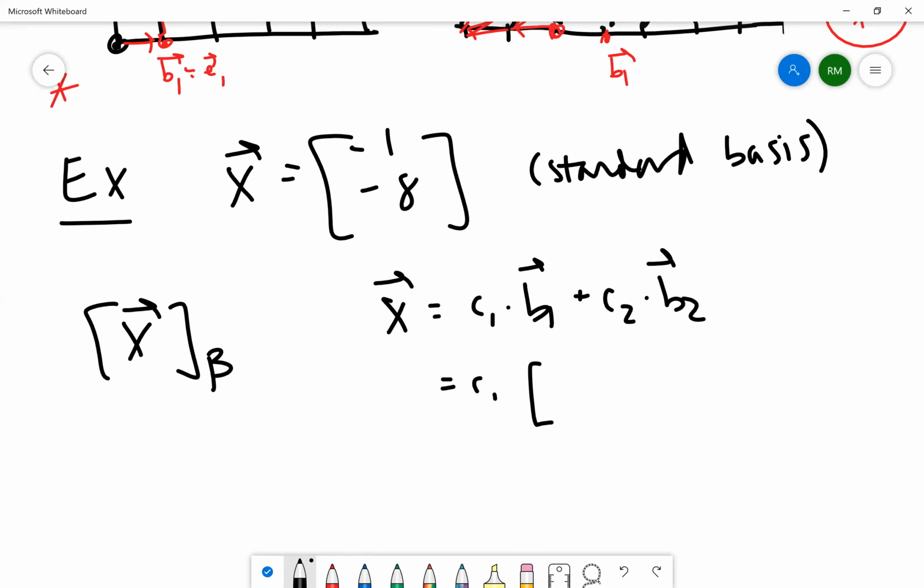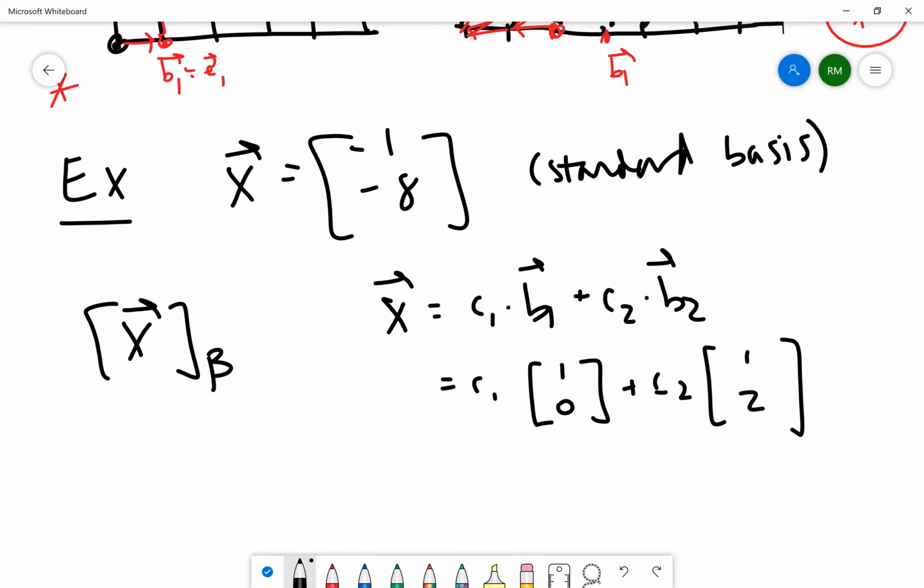In other words, you want to solve this equation. Oops, sorry, that's not quite right. I think this is 1, 2.